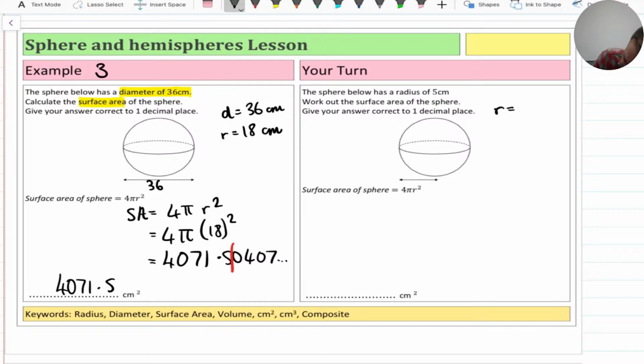So my radius is equal to 5 centimetres, which means my diameter is equal to 10 centimetres. Surface area is 4 pi r squared, which is equal to 4 times pi times 5 squared.